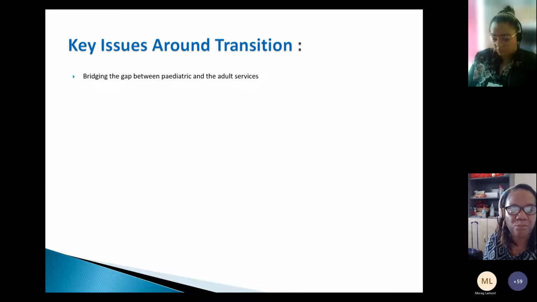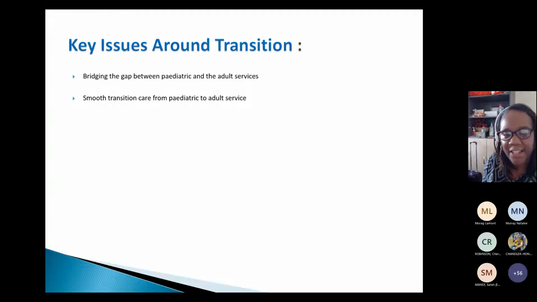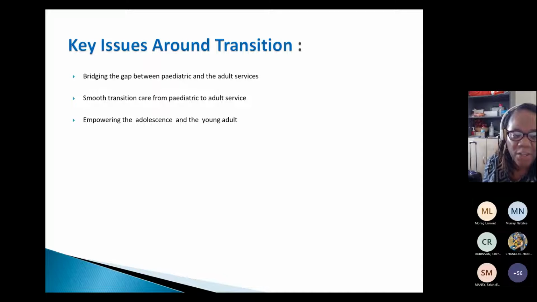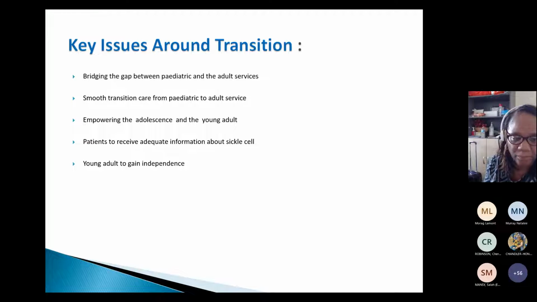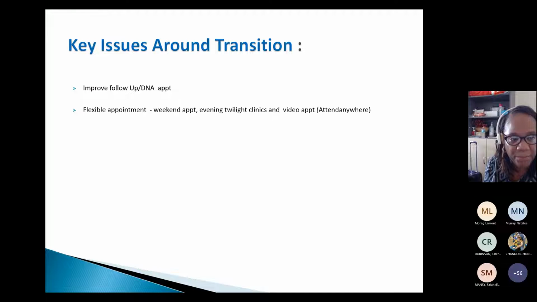So the key issues are bridging the gap between the paediatric and the adult service. Again, smooth transition care, empowering the young person, the patient, to receive adequate information about their condition, the young adult to gain independence, their autonomy and their involvement in decision making, and improving follow-up and improving DNA rates, because as you're aware, patients tend to DNA quite a lot.